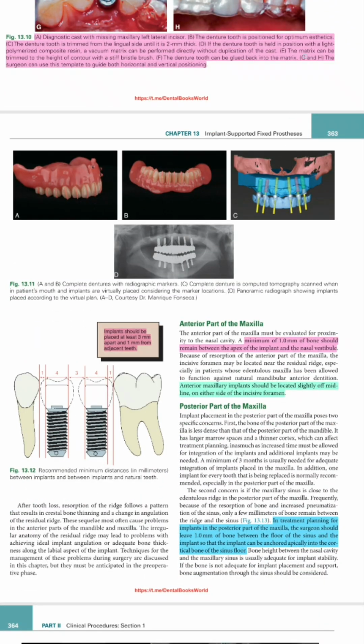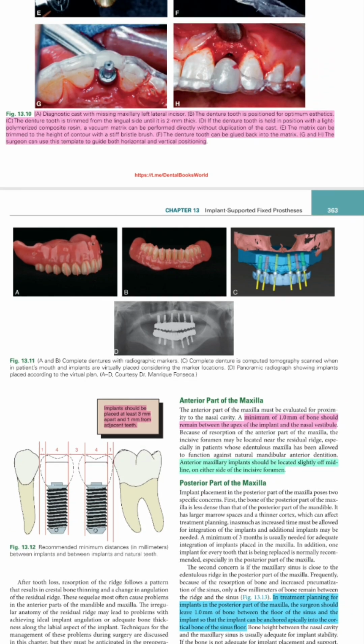Now, another way, when we have a complete denture, is to use the previous denture of the patient before the implantation as a guide. Also, we can use an interim prosthesis as a surgical guide.